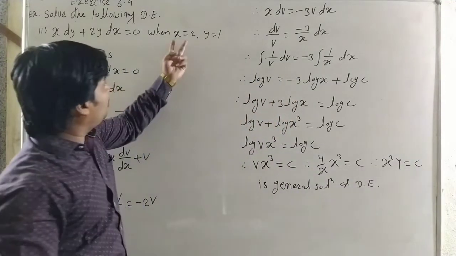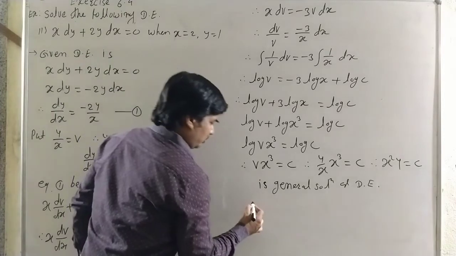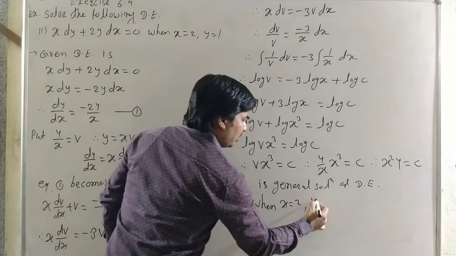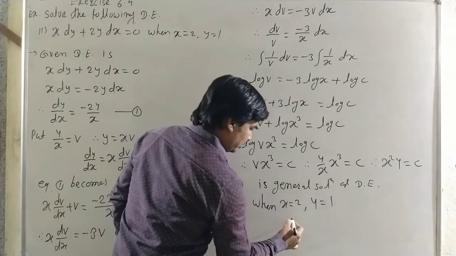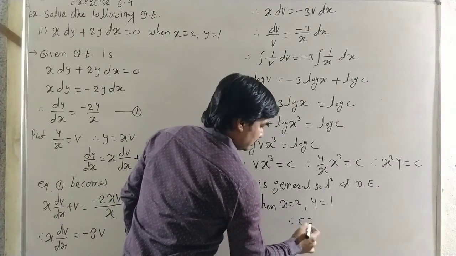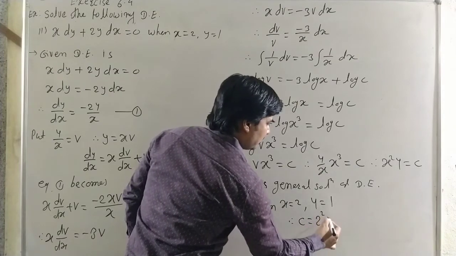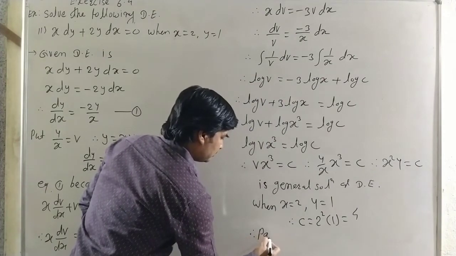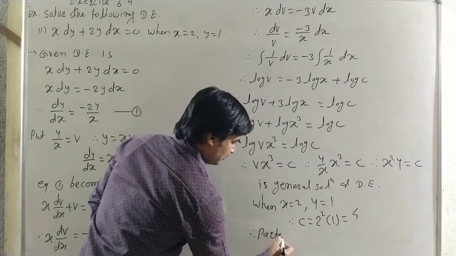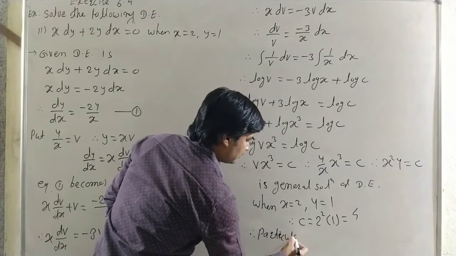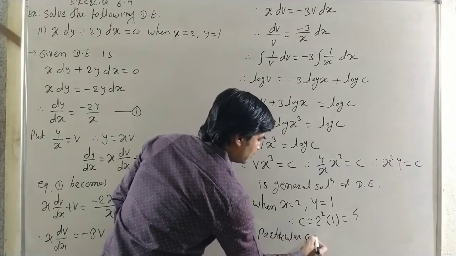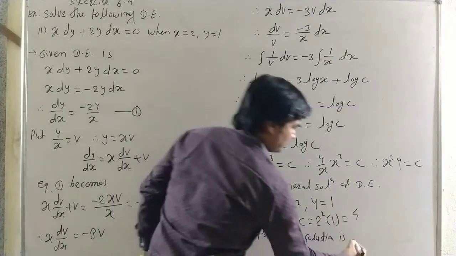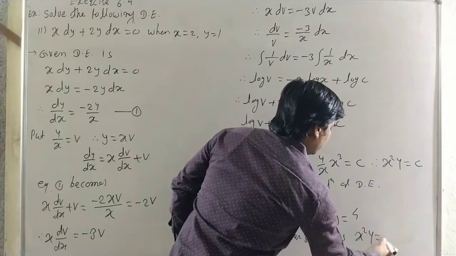Now we want to find the particular solution when x is equal to 2 and y is equal to 1. When x is equal to 2 and y is equal to 1, c is equal to x square y, that is 2 square into 1, that means 4, and therefore the particular solution is x square y is equal to 4.